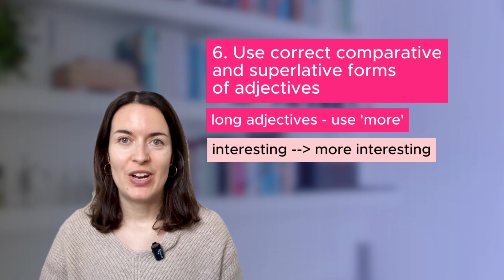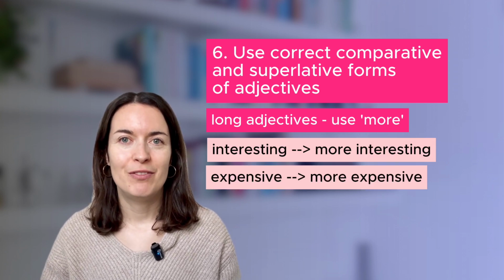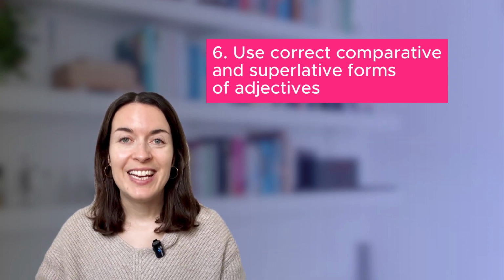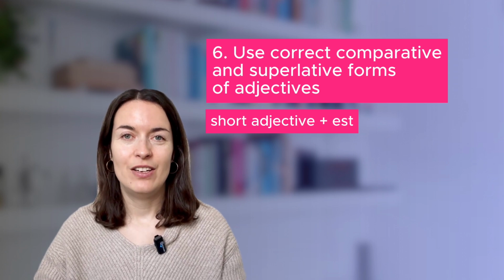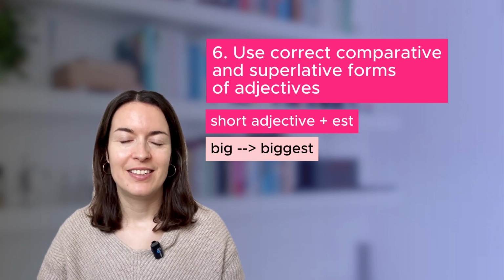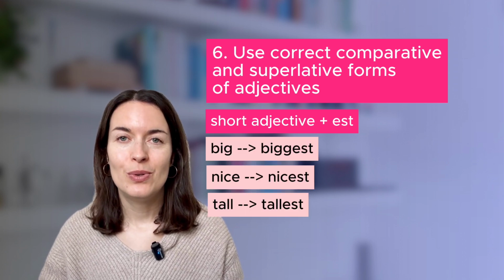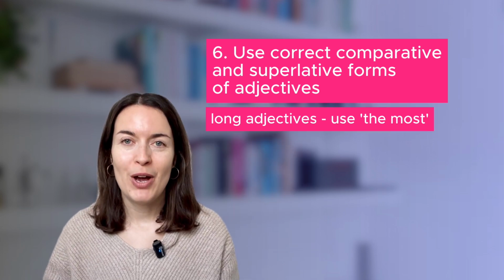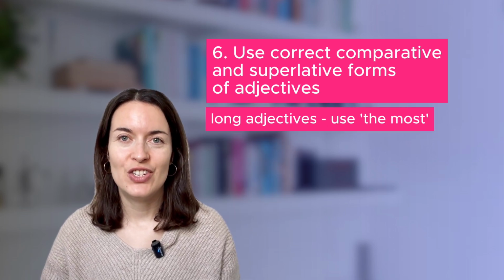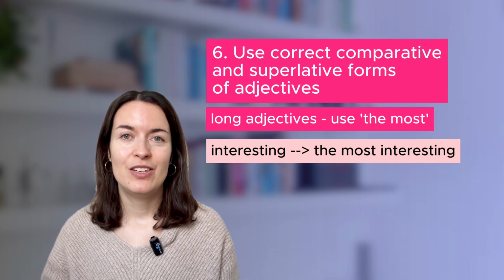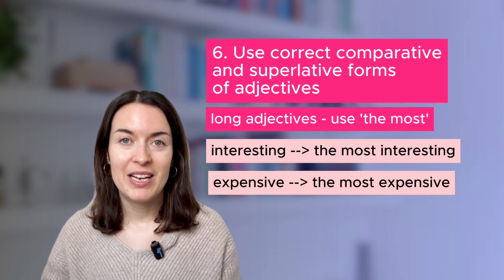So more interesting, more expensive. For superlatives, you need est at the end of short adjective. Biggest, nicest, tallest. And you need the most for longer adjectives. The most interesting, the most expensive.